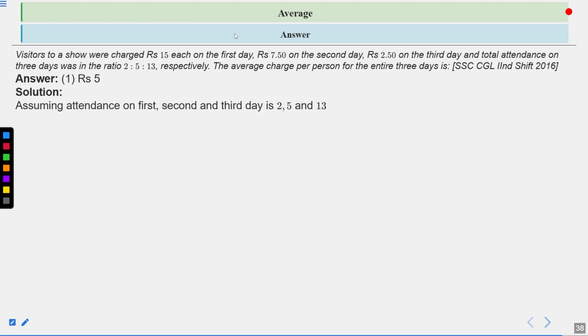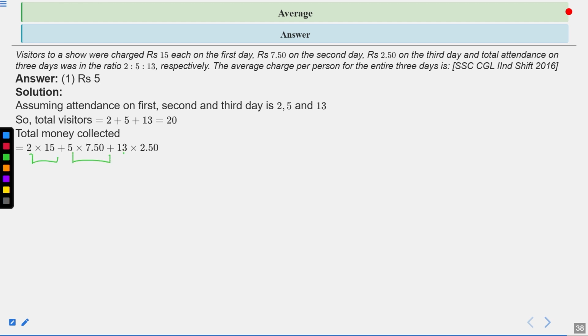Assuming attendance on the first, second, and third day is 2, 5 and 13, as the ratio is given, we let these be the number of visitors: first day 2 visitors, second day 5 visitors, and third day 13 visitors. So the total visitors become 2 plus 5 plus 13, which is 20. Now the total money collected is equal to 2 into 15, 5 into 7.50, and 13 into 2.50.